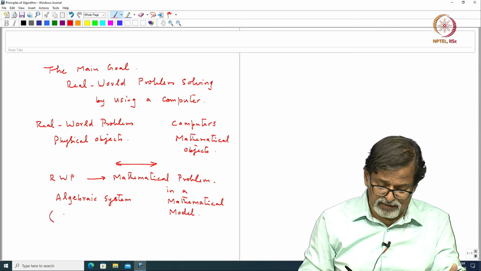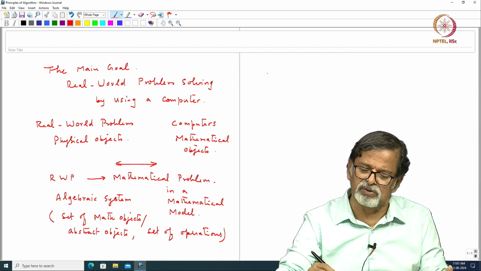You not only define the mathematical objects, we define certain operations on them. For example, you can consider integers, and on integers we do addition, subtraction, multiplications and so on.